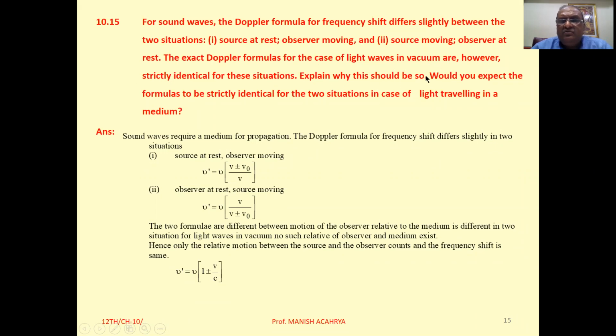Explain why this should be so. Would you expect the formulas to be strictly identical for the two situations in case of light traveling in the medium? So here, when we think about sound waves, they can't propagate without medium.